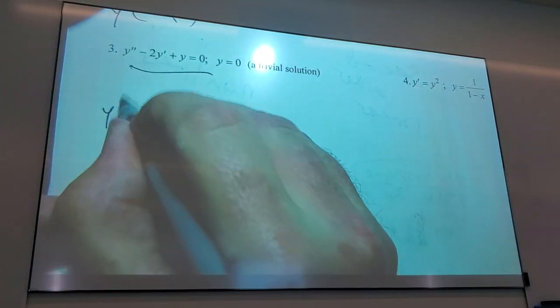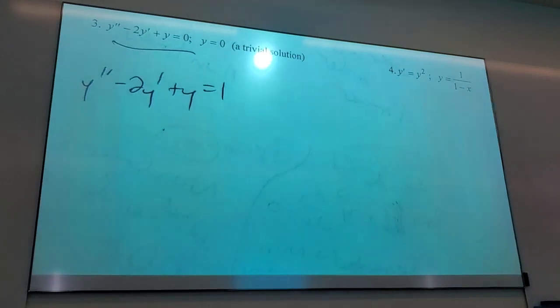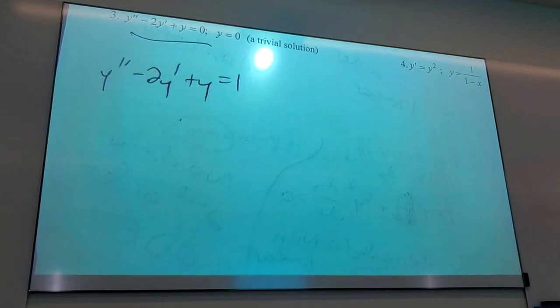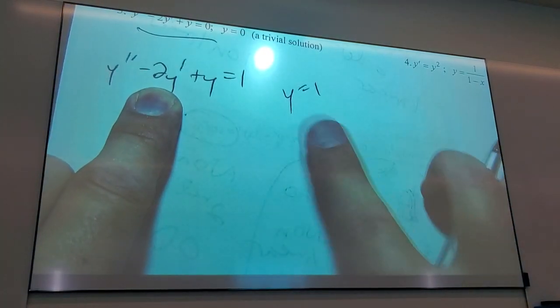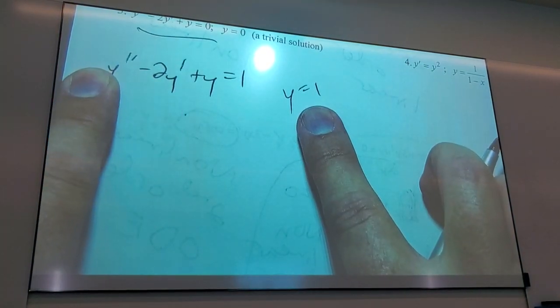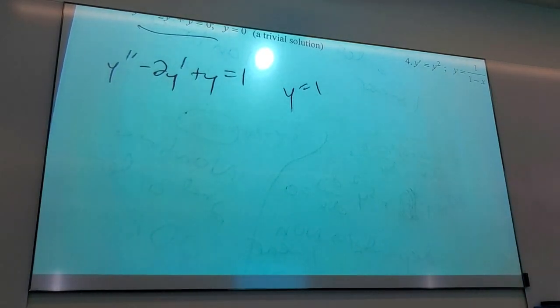If I made this change, the trivial solution would be y equals 1, because what's y prime? Y double prime? Y equals 1. So very often you'll be able to see what the constant solution is going to be just by observation.